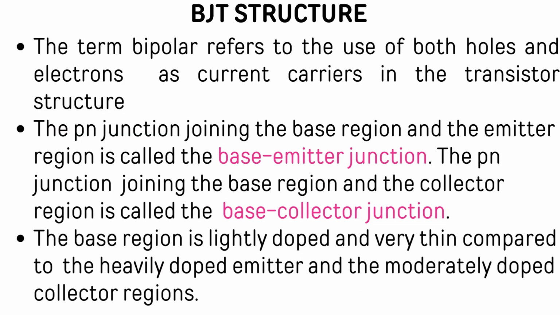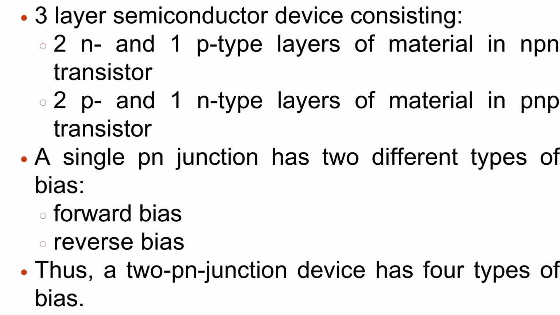The base region is lightly doped and very thin compared to the heavily doped emitter and moderately doped collector regions. It is a three-layer semiconductor device consisting of two N and one P type layers in an NPN transistor, and two P and one N layer of material in a PNP transistor.